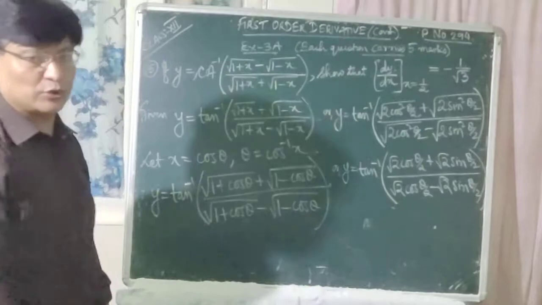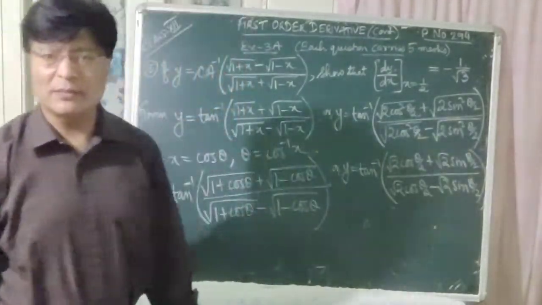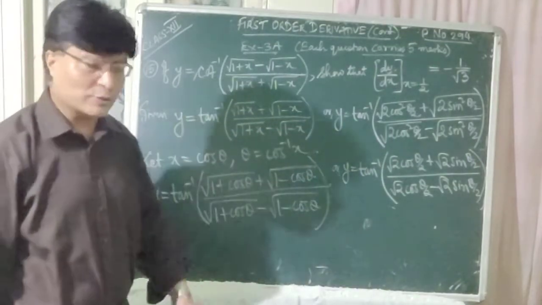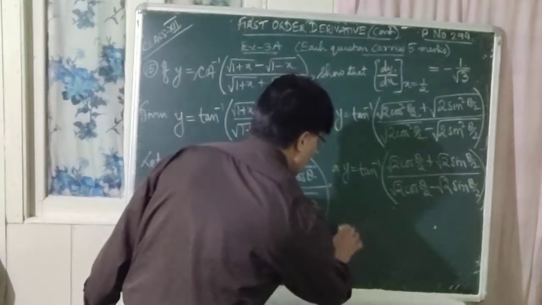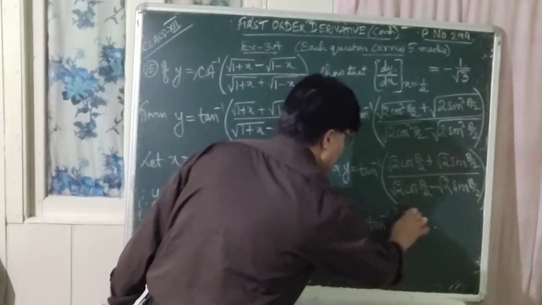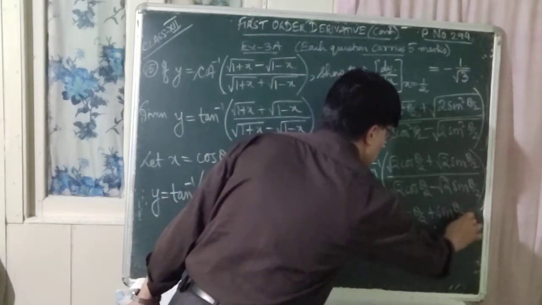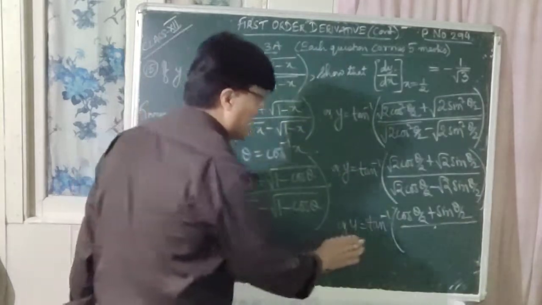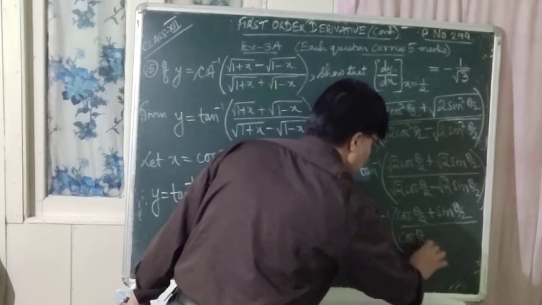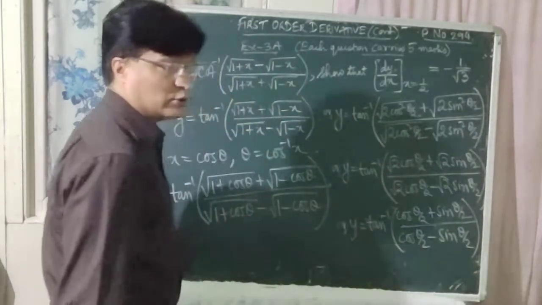Bracket is closed. Now, how will you simplify it? In the numerator root 2 is common, in the denominator also root 2 is common, so root 2 gets cancelled. So what do we get now? Y is equal to tan inverse within bracket cos theta by 2 plus sin theta by 2 divided by cos theta by 2 minus sin theta by 2.